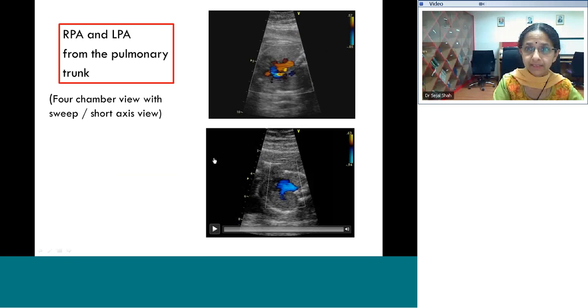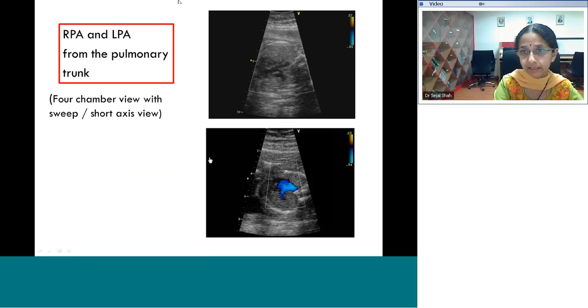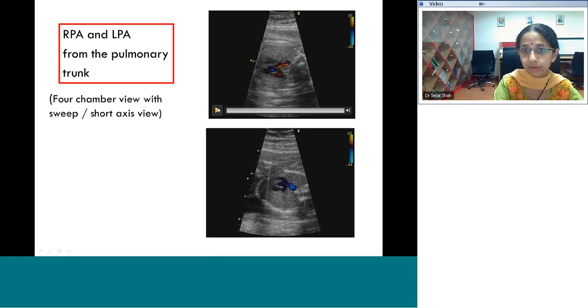And then we see the right and the left pulmonary arteries from a short axis. If we see carefully, this is the outflow view in the 4-chamber view, and we can still see the branch pulmonary arteries bifurcating. So we can see, when the RV outflow tract opens up, the LPA and the RPA. The LPA is a structure which goes along with the ductal arch, and the RPA is on the other side.